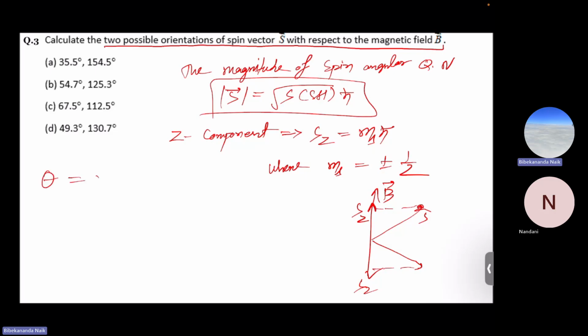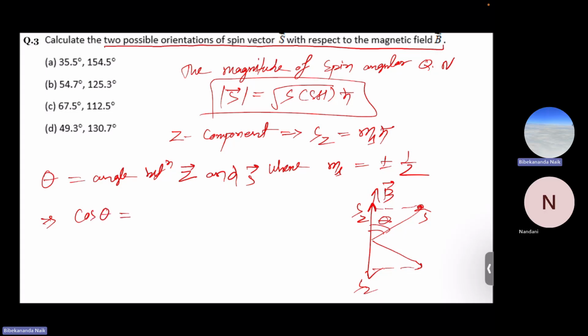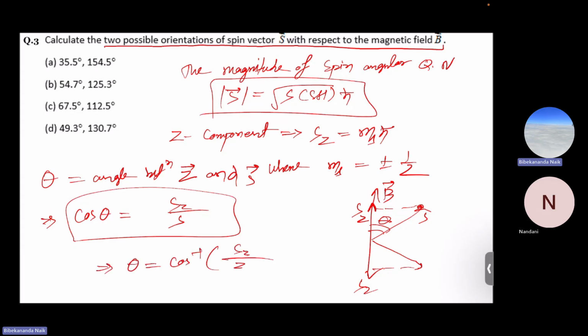If theta is the angle between the Z axis and S vector, then what will be the value of cos theta? Cos theta will be Sz by S. That implies theta will be cos inverse Sz by S.